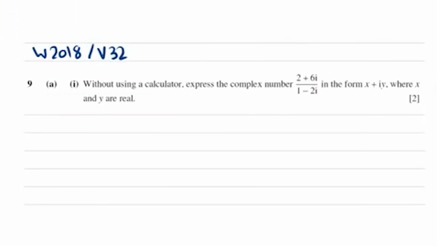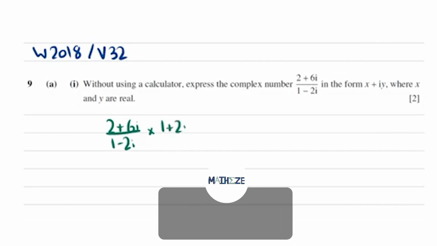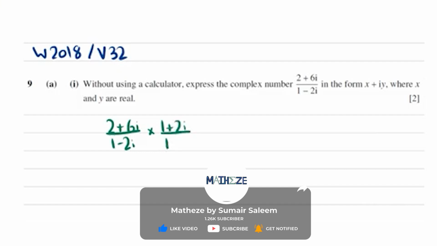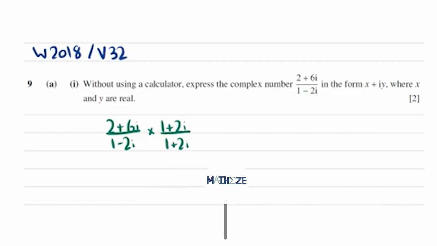Let's do one more question of division. Let's begin. So guys, there can't be a complex number in the denominator. In that case, you multiply with its conjugate: 1 plus 2i and 1 plus 2i.